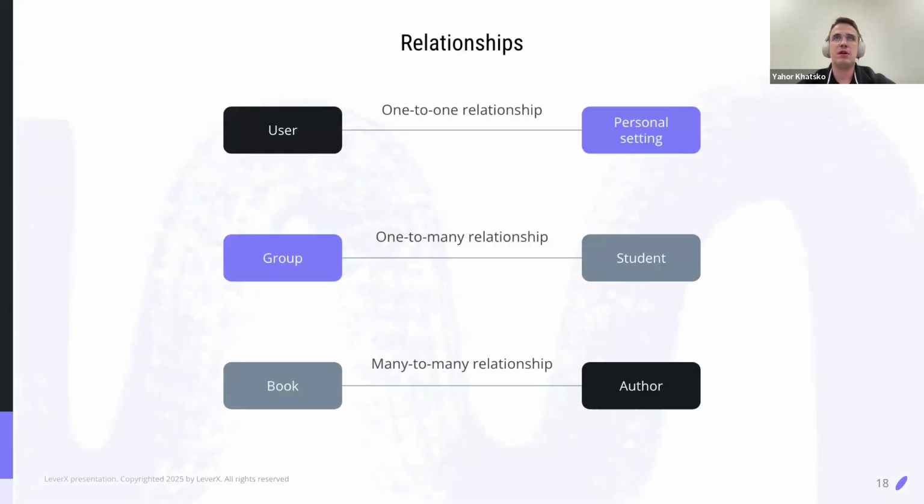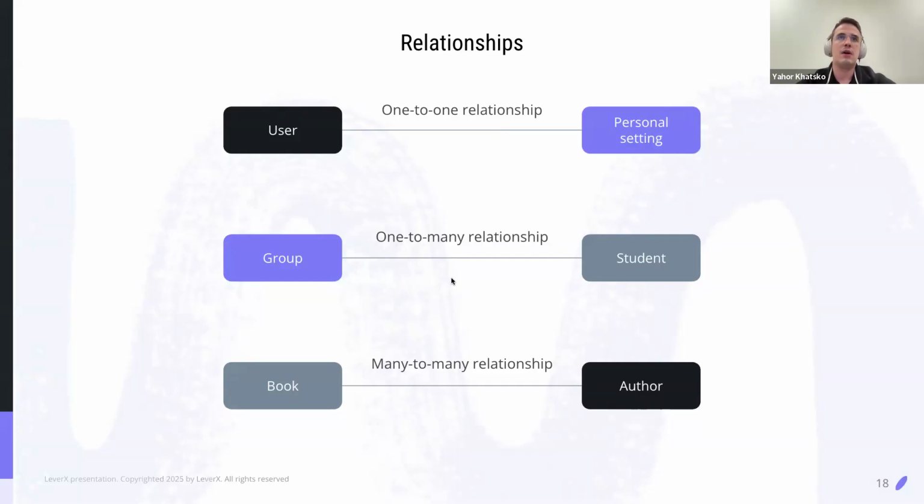The general types of relations listed here are one-to-one, one-to-many, and many-to-many. We do not mention many-to-one because it's the reverse of one-to-many. And how one-to-one relation is established is basically when you have one, let's say, user, and this user only has his personal settings.